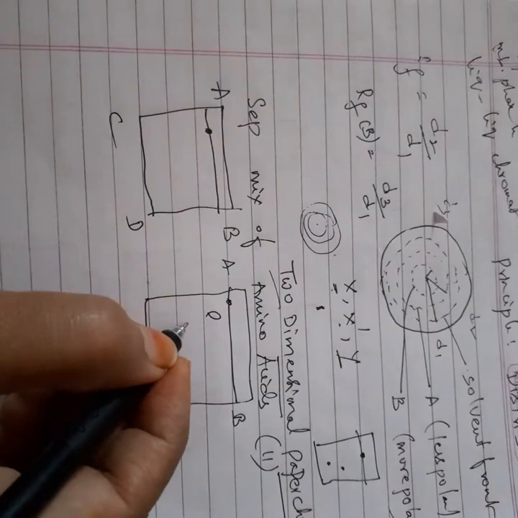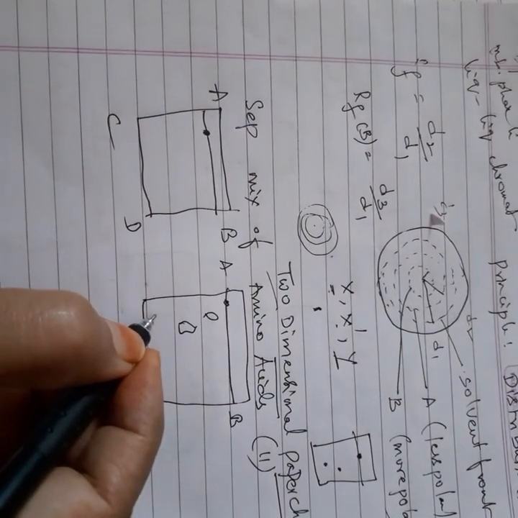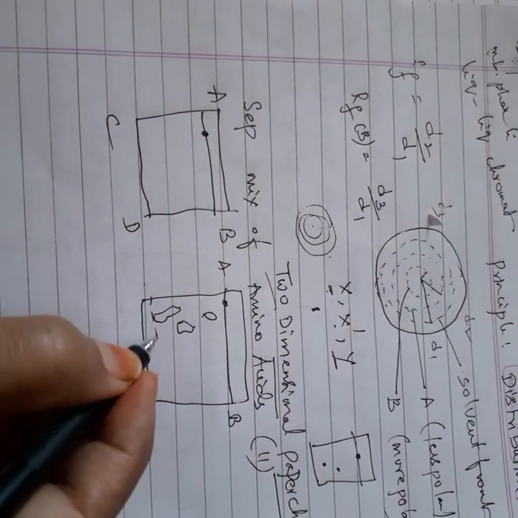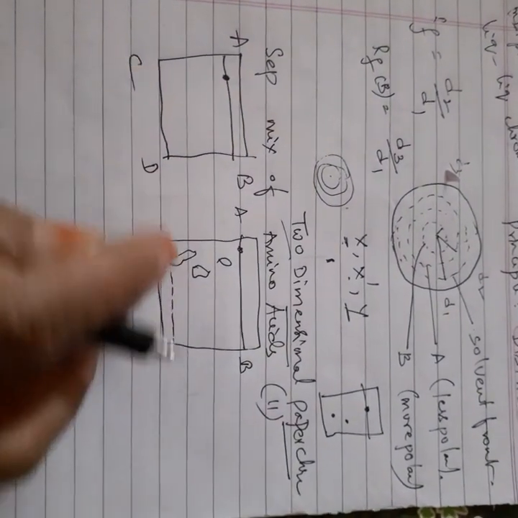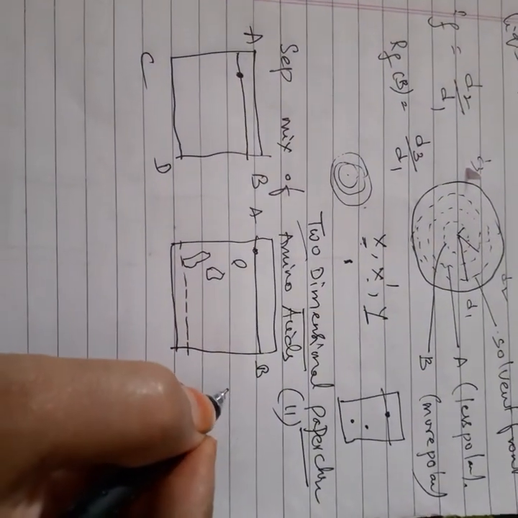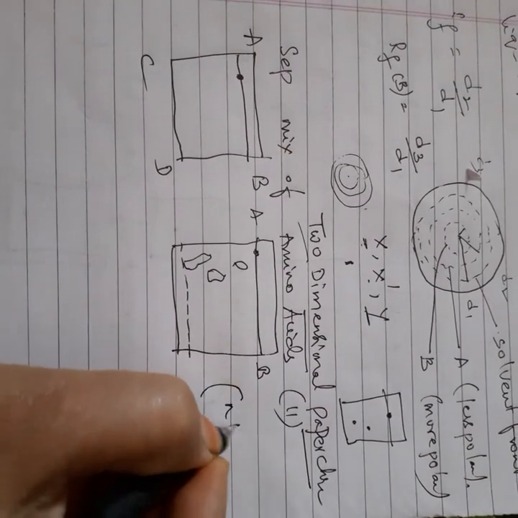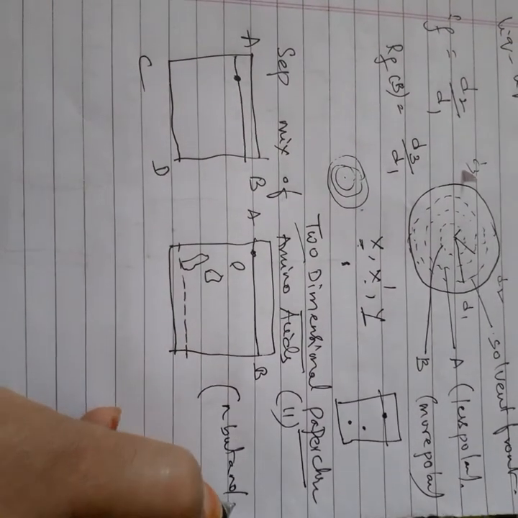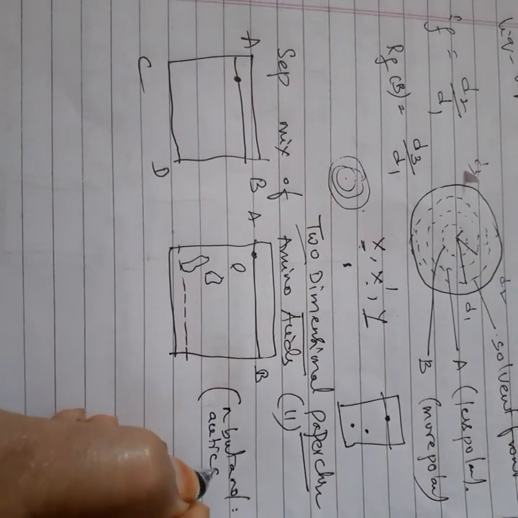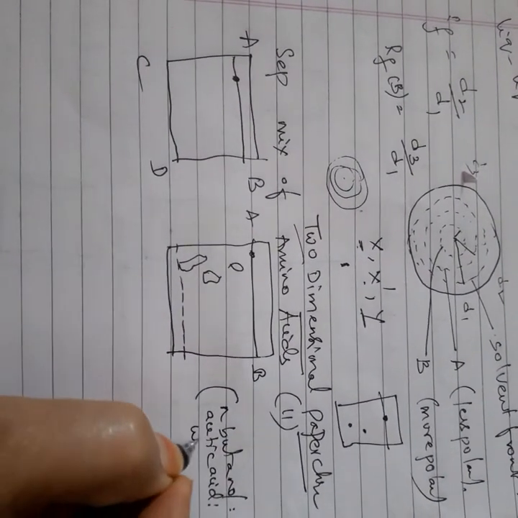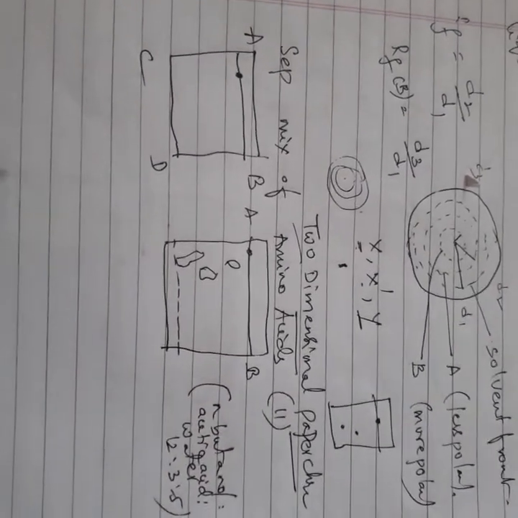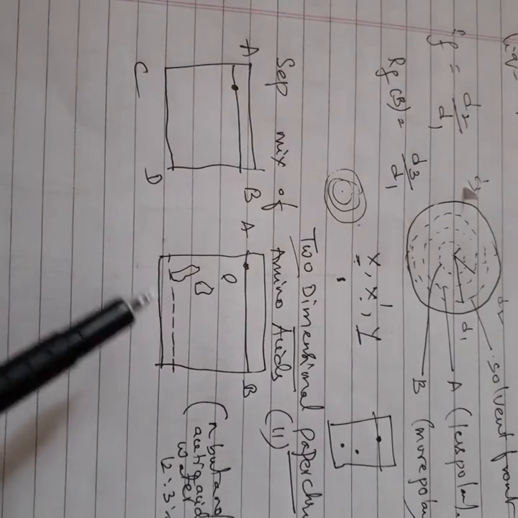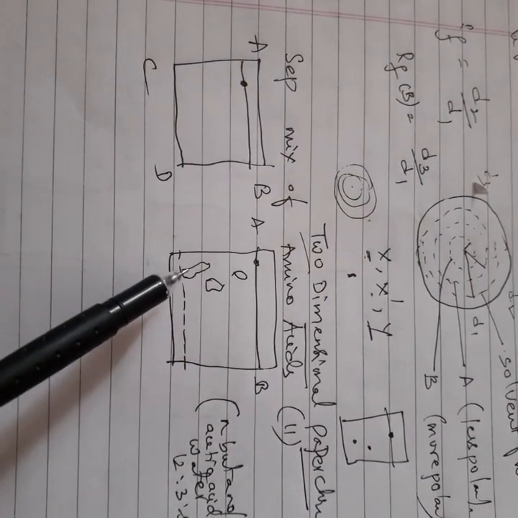One spot I got here, one here, and another here, and of course this is the solvent front. Up to here, this is descending paper chromatography. The mobile phase I selected is n-butanol : acetic acid : water, in the ratio 12:3:5. By doing descending paper chromatography, I observed only 3 spots here.